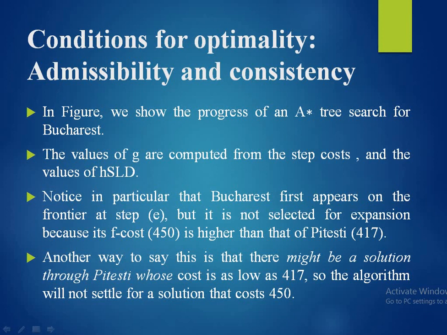Notice in particular that Bucharest first appears on the frontier at step E, but it is not selected for expansion because its f cost, 450, is higher than that of Pitești, which is 470. Another way to say this is that there might be a solution through Pitești whose cost is as low as 417. So the algorithm will not settle for the solution that costs 450.